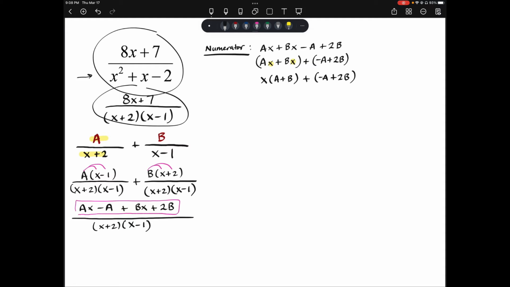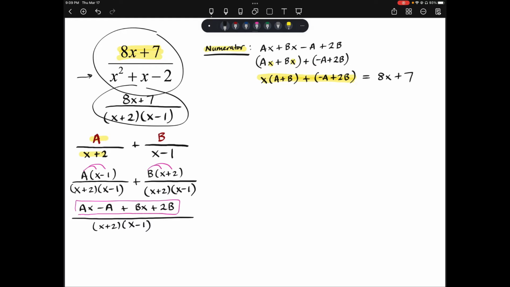All right, so this is our numerator. We just said this was our numerator. Well, I want you to look at our original numerator that we started with, 8x plus 7, because this expression needs to equal 8x plus 7.